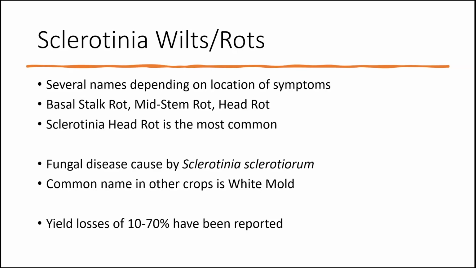This is a fungal disease caused by Sclerotinia sclerotiorum. Its common name in most of your other crops is white mold, and people will refer to this disease as white mold on sunflowers. It's just less common. Yield losses of 10 to 70% have been reported in association with sclerotinia.